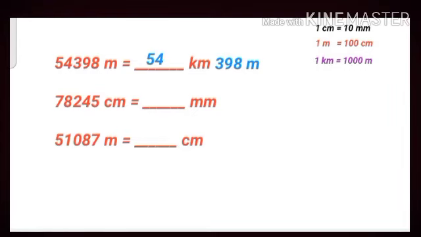We can come to the next example. 78,245 centimeter equal to dash millimeter. Now first you compare the units, centimeter, millimeter. Among these two units, which is the biggest unit? Yes, centimeter is the biggest unit.